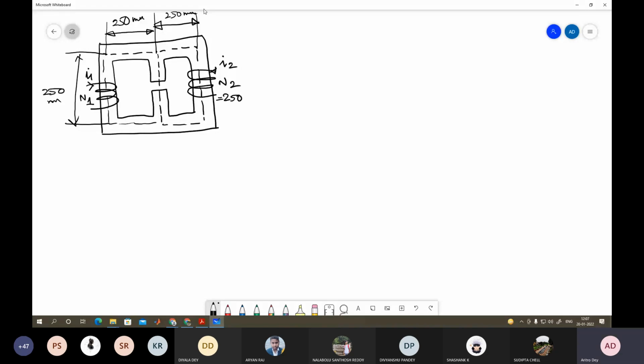N2 is provided as 2000, and N1 equal to 5000. So the number of turns is given, the air gap is given, and mu r is given. Mu r of the material is 10,000. And the air gap length is given, equal to 0.1 mm.